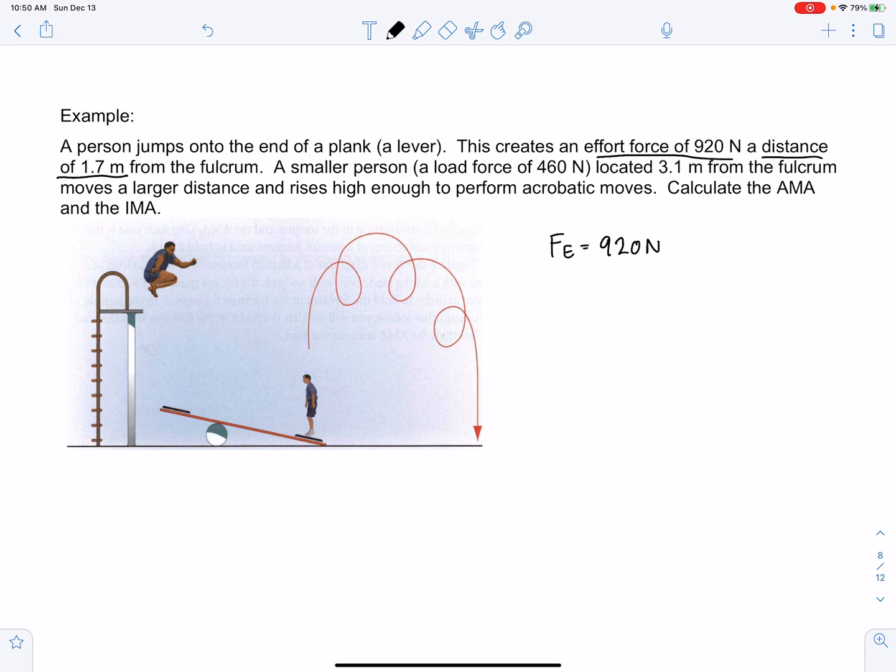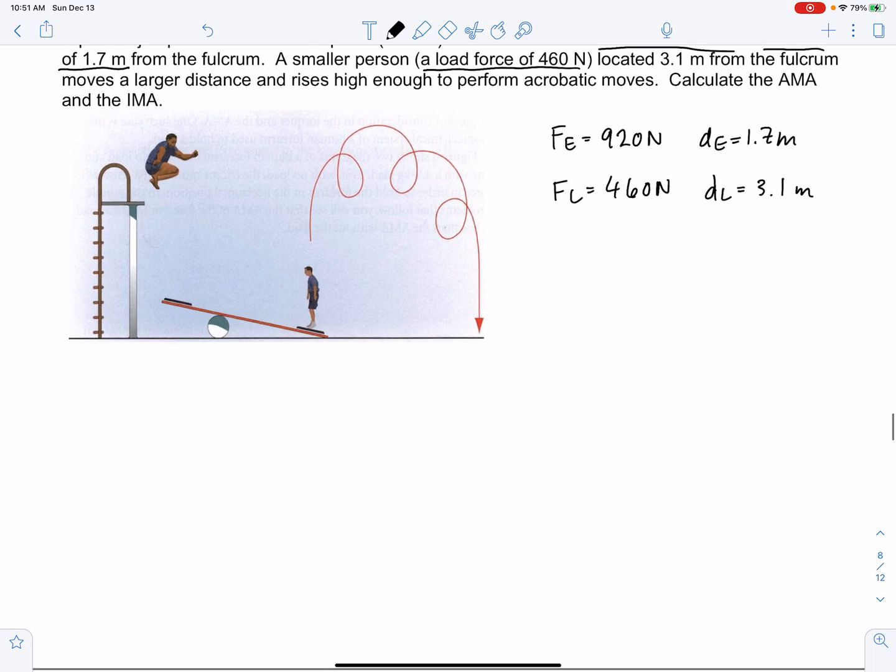So the effort arm is 1.7 meters. Next, we're given a load force of 460 newtons. And the load arm is 3.1 meters from the fulcrum.